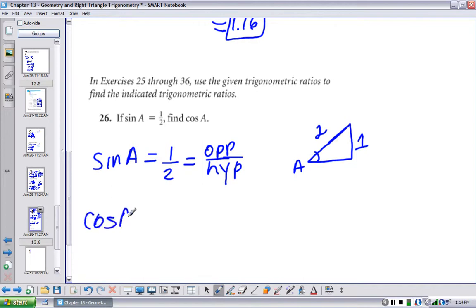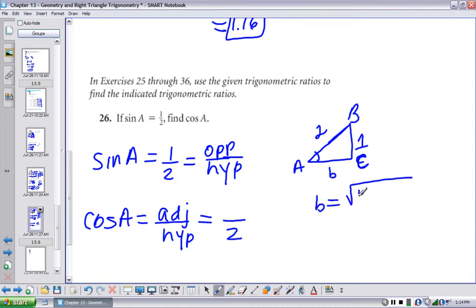To find cosine A, cosine is adjacent over hypotenuse. We know our hypotenuse is 2, and we define this adjacent side, little b. So remember, b is the square root of our hypotenuse squared minus the other leg squared. B is the square root of 3. So cosine of A is the square root of 3 over 2.